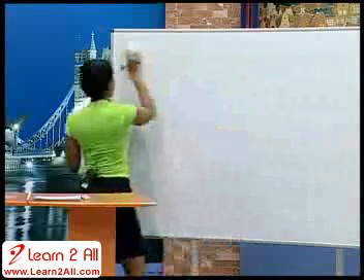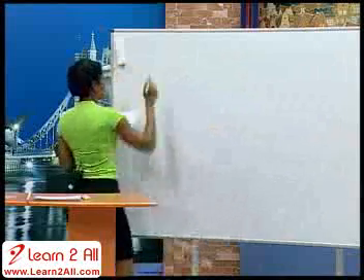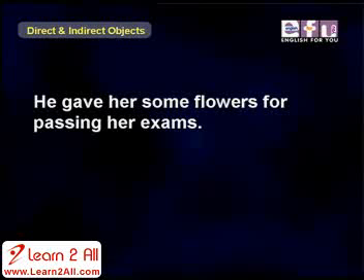Now, Sylvia, can you please look at this next sentence and tell us the direct object and the indirect object? He gave her some flowers for passing her exams.